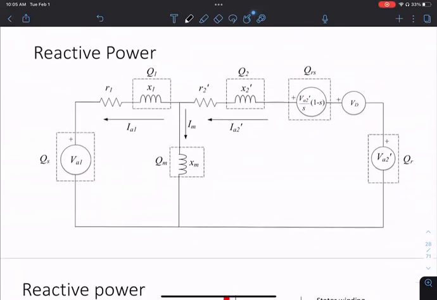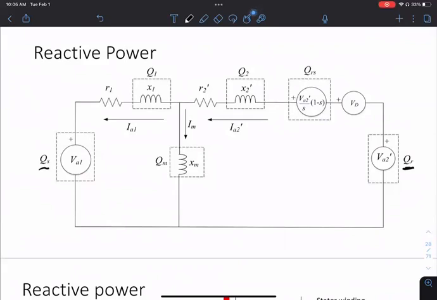So the way you can balance reactive power is the following. We're going to do this calculation, and reactive power comes again from two sides. You have QR, reactive power coming from one side. You have QS coming from the grid. Okay, so the grid is going to supply or potentially supply some reactive power. But again, without this one, the grid is supplying all the reactive power.